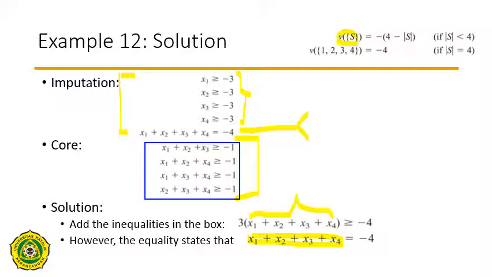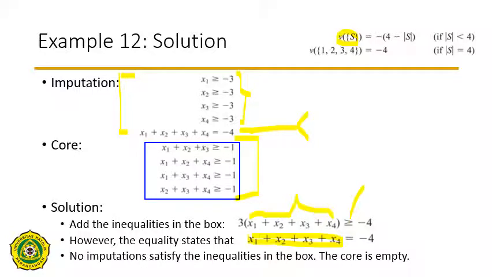It can never be greater than or equal to -4, which means that you cannot find any solution to all these constraints. In other words, we do not have any imputation that satisfies the requirements for being in the core. Or in other words, the core is empty. There is no solution for this game according to the concept of the core.